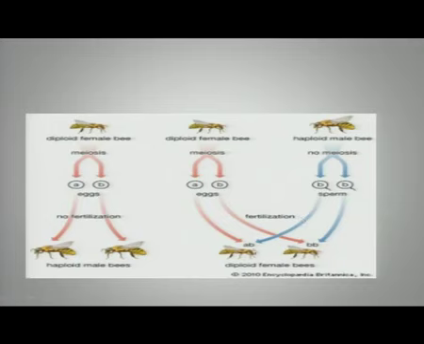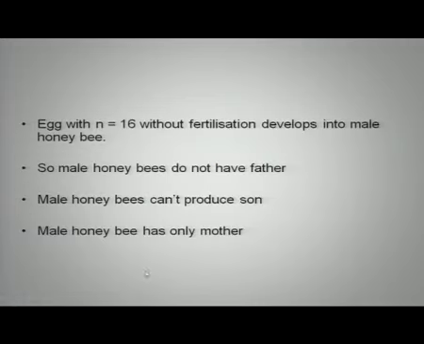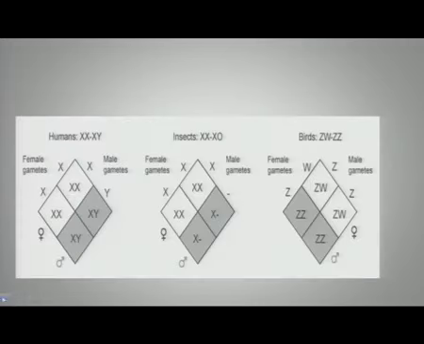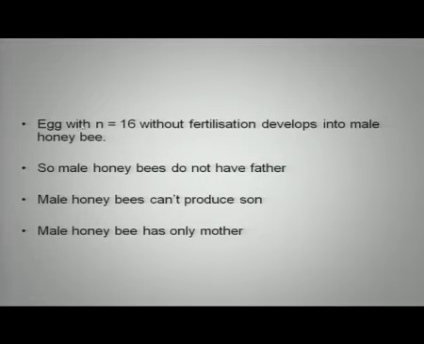When they are fused together, diploid female bees are produced with 2n equals 32 chromosomes. Here you can see the explanation again: an egg with n equals 16 chromosomes without fertilization develops into a male honeybee.